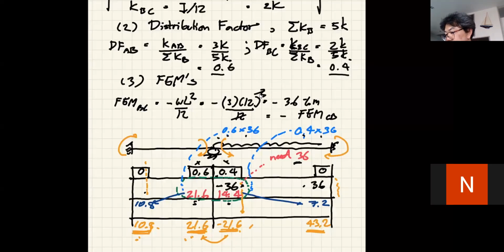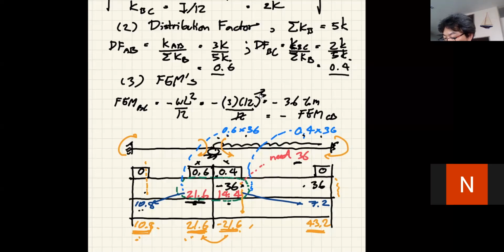Okay, back to business. The far end here will feel the presence of this 21.6 and how much it should feel. We have proved that 50% of this value will be carried over to the opposite end. So it is always 50% that will be carried over to the other side.